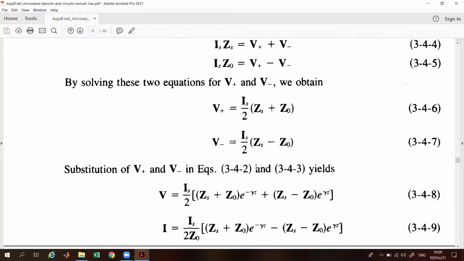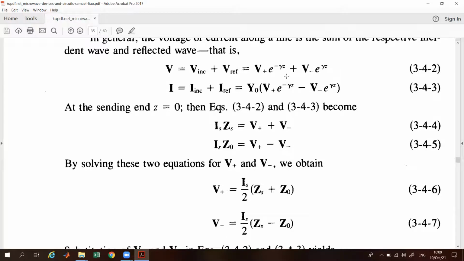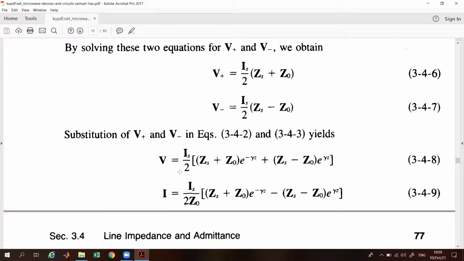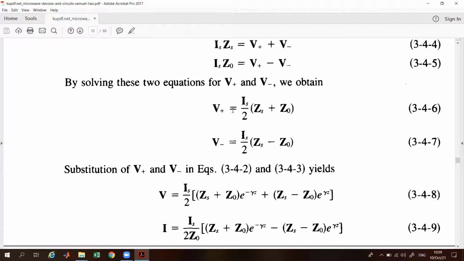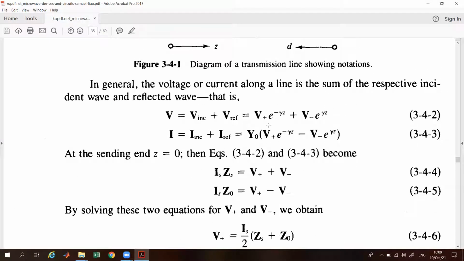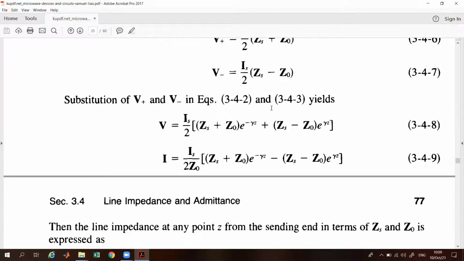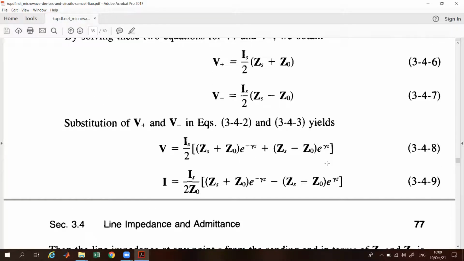Substituting V plus and V minus into these two equations, we get V equals Is divided by 2 times Zs plus Z naught e raised to the power minus gamma Z plus Zs minus Z naught e raised to the power gamma Z.